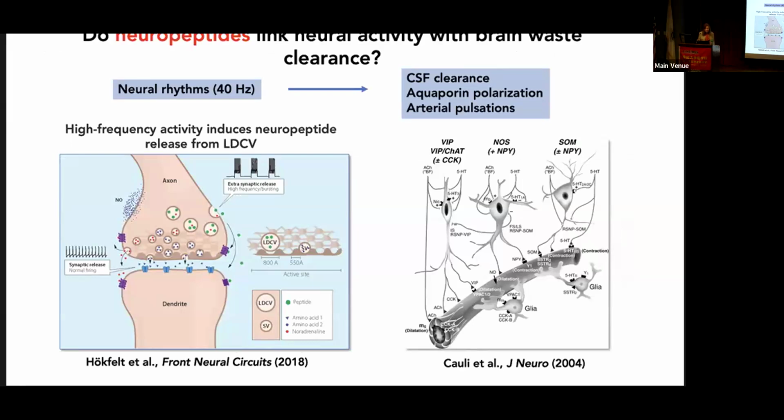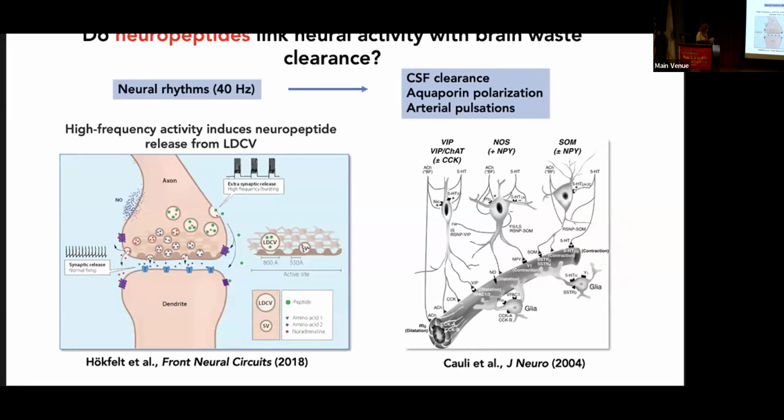So I showed you a lot of things so far, that 40 hertz stimulation can increase CSF influx, aquaporin-4 polarization, arterial pulsations, amyloid clearance, and so on. But can I find a single molecular event that can tie all of these different observations together?